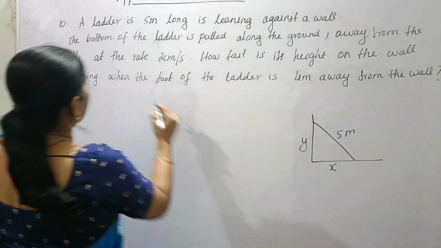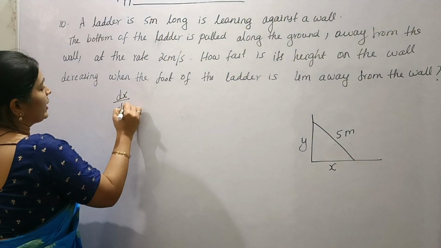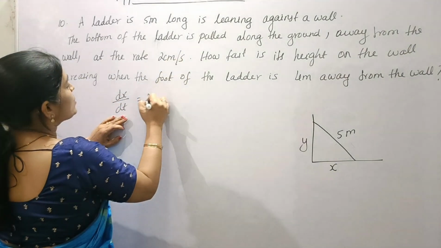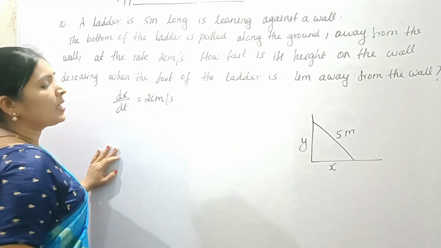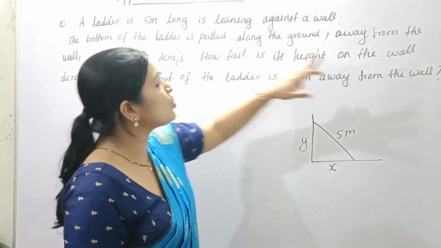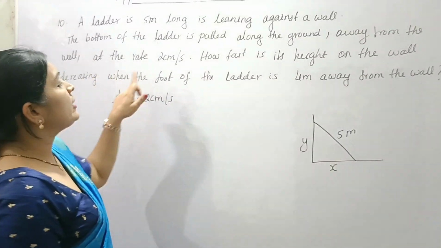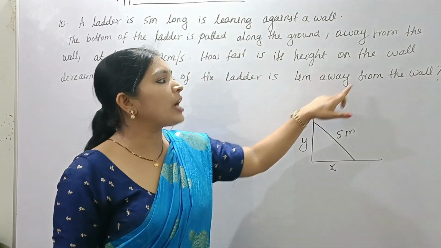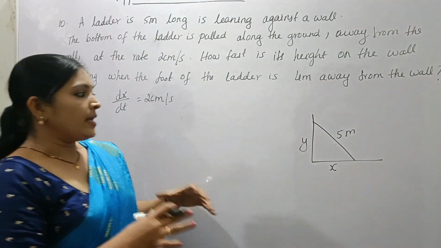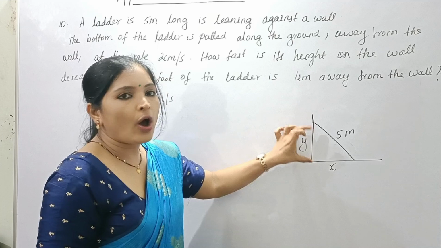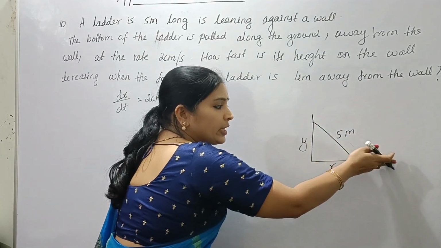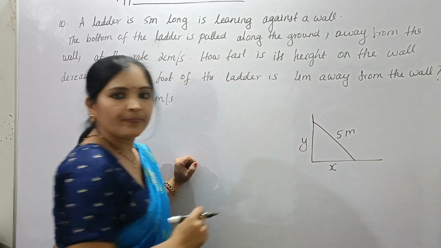Okay, so here what is given? dx by dt, rate of change of x with respect to time, is 2 centimeter per second. Now, what we have to find? How fast is its height on the wall decreasing when the foot of the ladder is 4 meter away from the wall? See here, we need to find the rate of change of this y. We know that when this ladder is pulled along the ground, its height is decreasing, right?